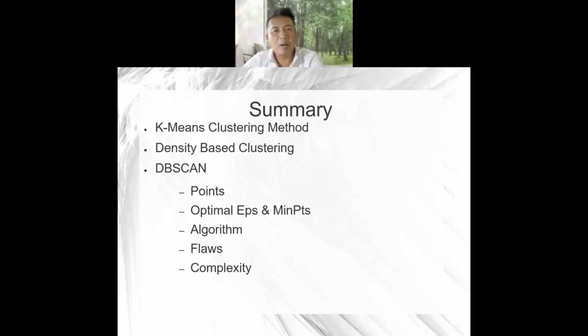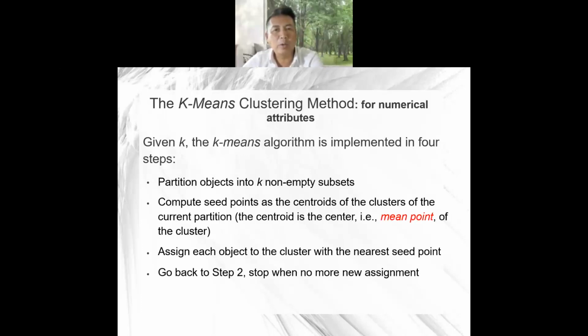So if we recall, what is K-means clustering? Given K, the K-means algorithm is implemented to form K number of clusters. We partition the objects into K non-empty subsets. Non-empty subset means that we cannot have an empty cluster. So how do we perform K-means clustering?